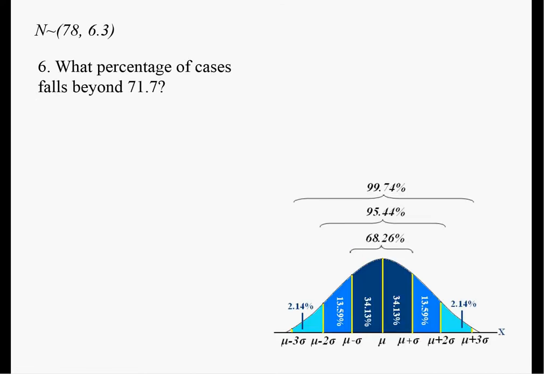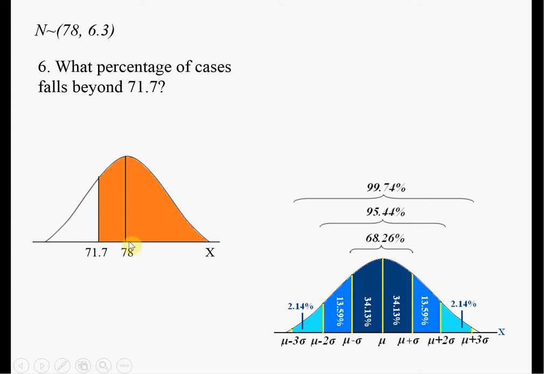Question number 6. What percentage of cases falls beyond 71.7? Now let's draw a little diagram to understand what the question is asking. The mean of the distribution is 78, and the question gives us value 71.7, which is smaller than 78.